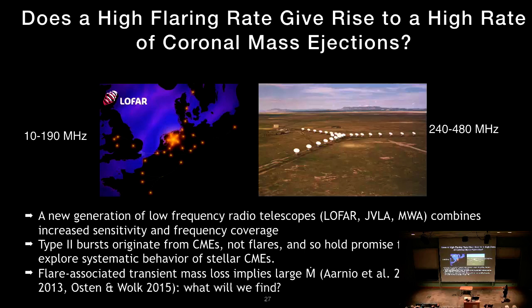One is that there's new generations of low-frequency radio telescopes, the low-frequency array in Europe, shown on the left, the upgraded Jansky Very Large Array on the right. There's also the Murchison Wide Field Array in Australia, which has come online in the last several years. These radio telescopes have much increased sensitivity compared to previous generations of radio telescopes. They can access a larger part of the frequency range at a given time.